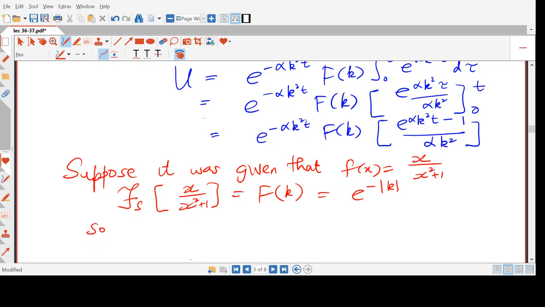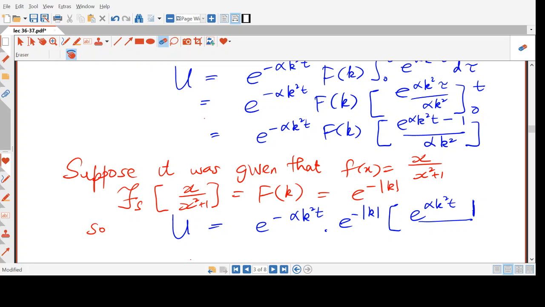So in this case, we will write capital U as e to the minus alpha k squared t times e to the minus absolute k, times e to the alpha k squared t minus 1, all upon alpha k squared.